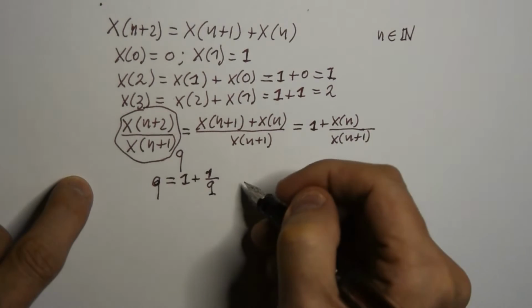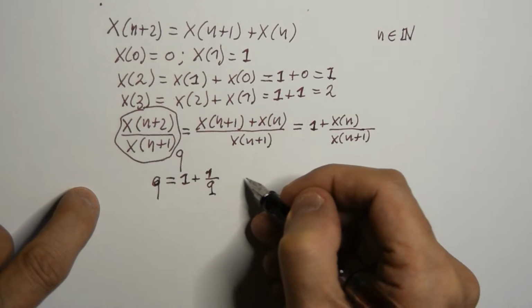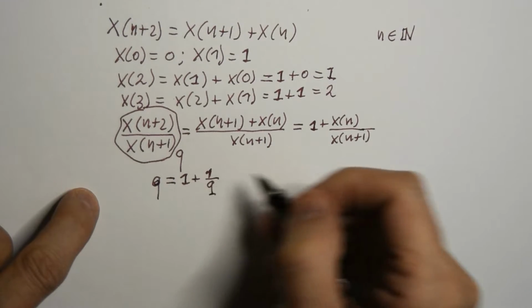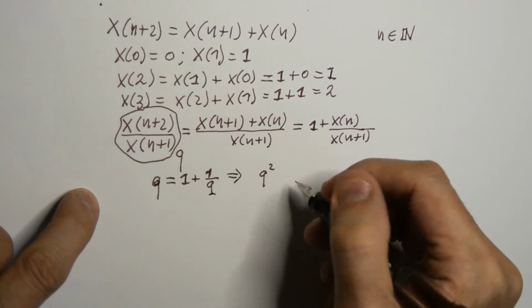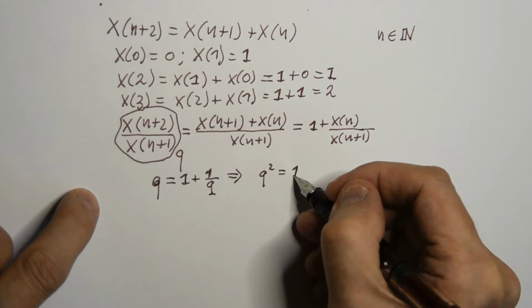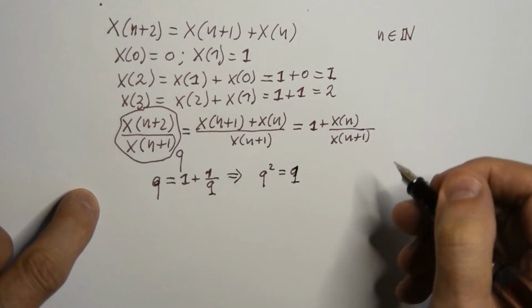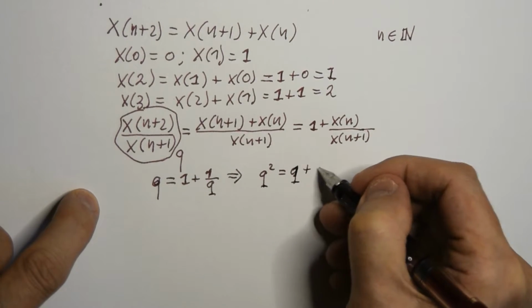Right? We can write this out a little bit better. By multiplying left and right by q, that gives you q squared equals q plus 1.